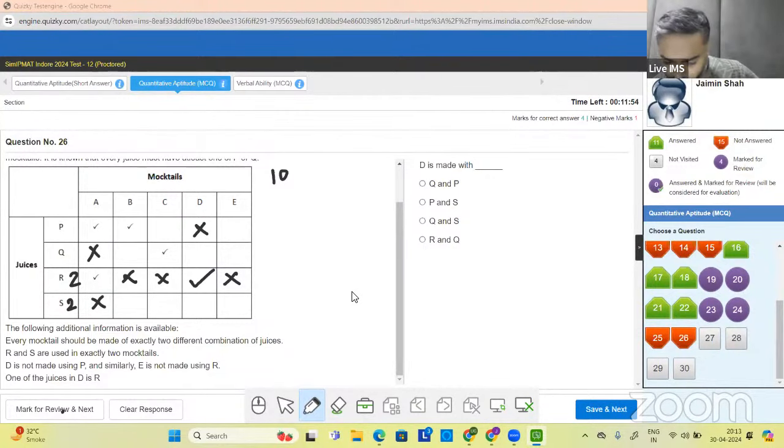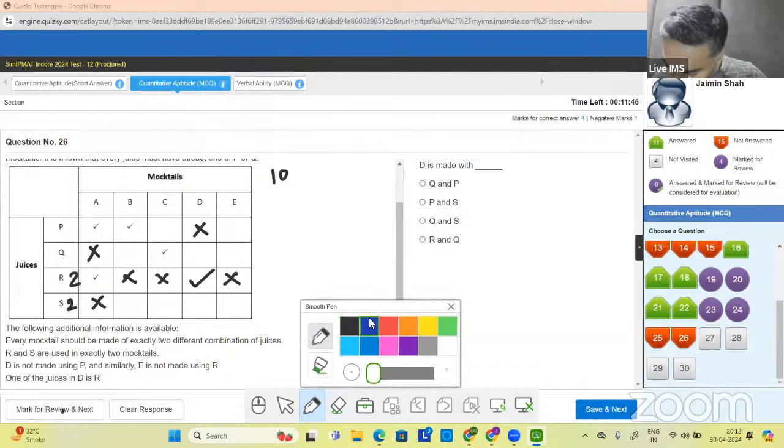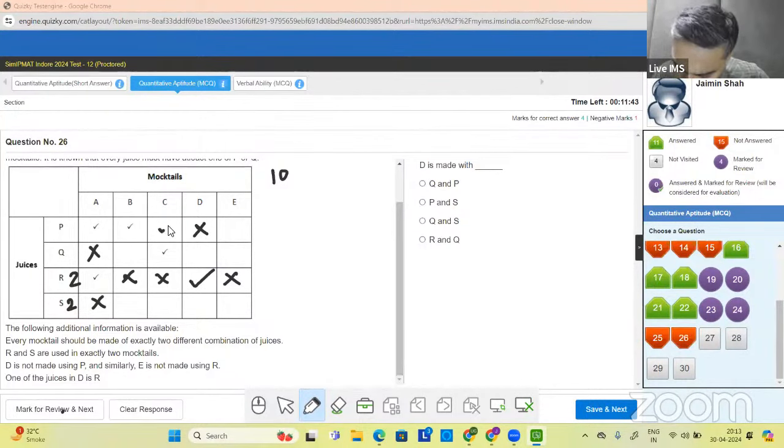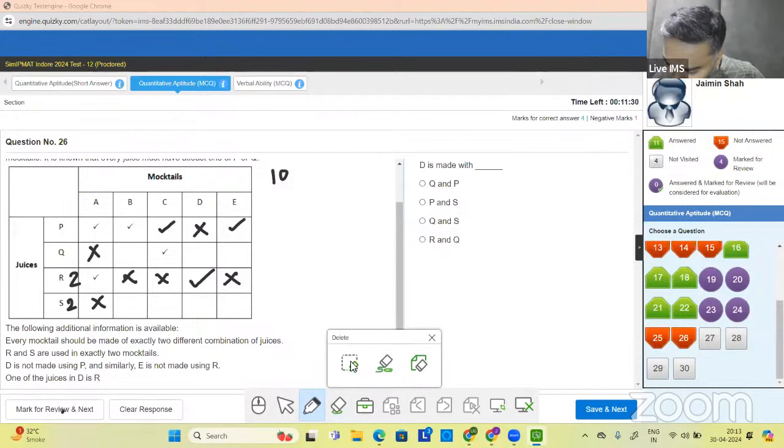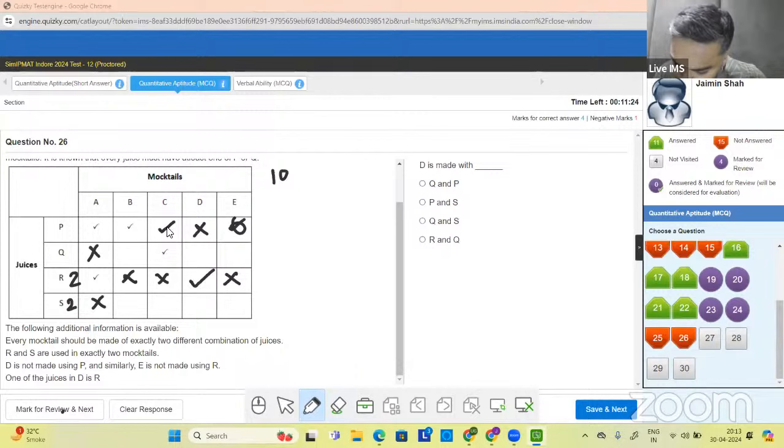Then let's see P and Q. P and Q, okay, for a time being let me say that ये भी टिक है और ये भी टिक है. For a time being let's say that. अच्छा, काम करते हैं, ऐसा नहीं करते. This was cross, this was tick.